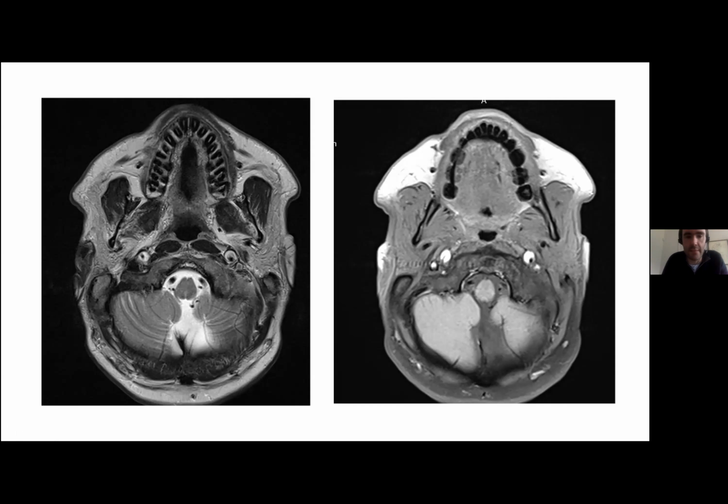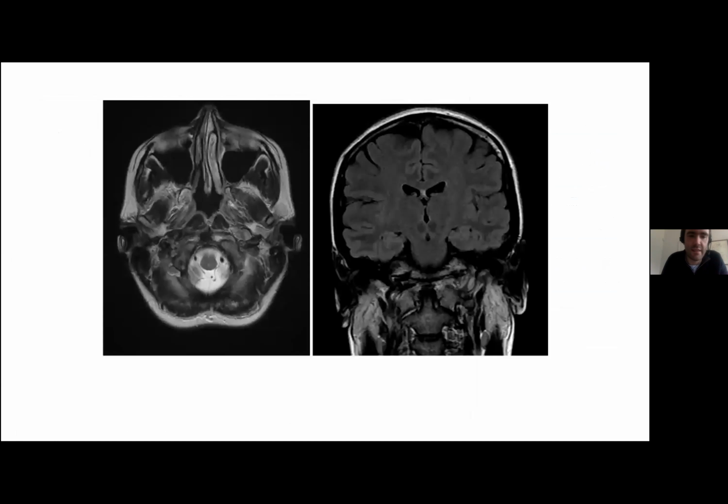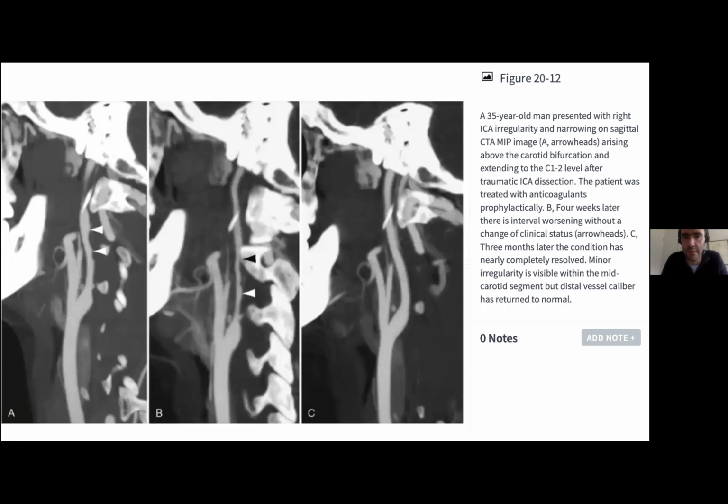So these are some examples. There's no hard evidence as to how to treat these people. If they present with a stroke, they usually get treated as per stroke, with a bit of aspirin. There's no evidence between full anticoagulation versus antiplatelets in these patients.